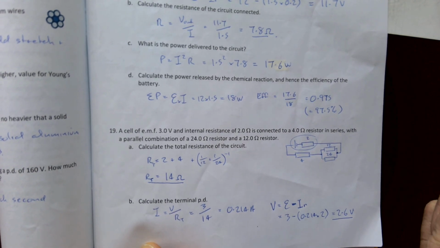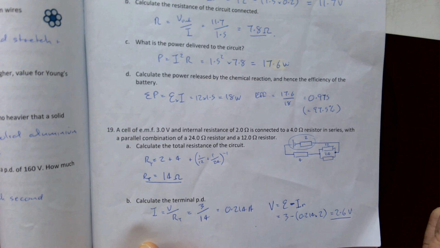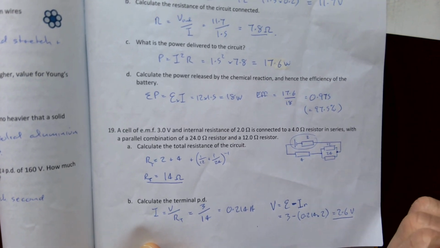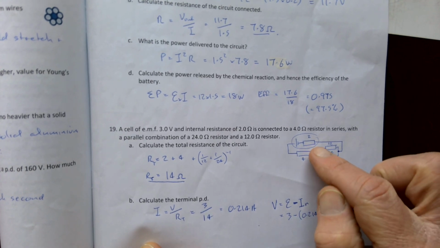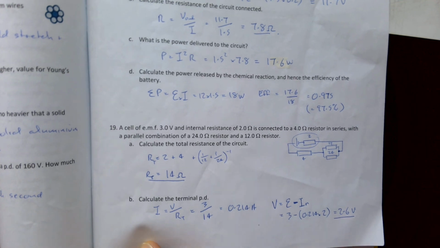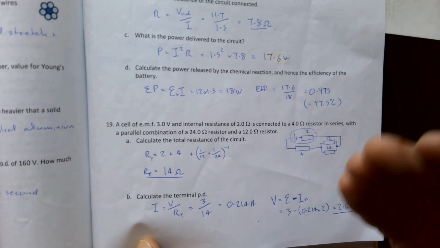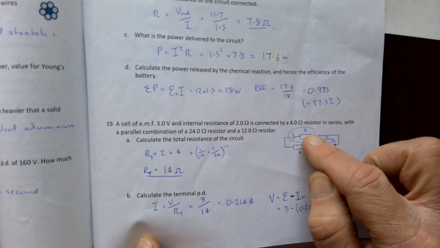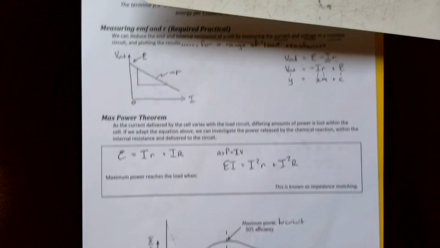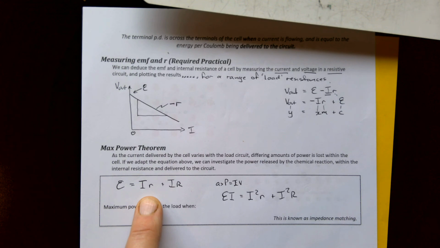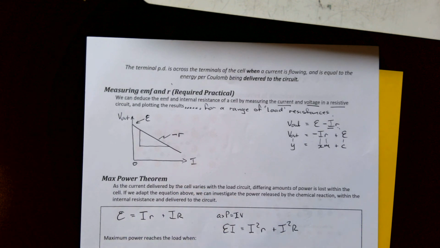Quite common, as you will have spotted already, I'm sure, is where they will start with a circuit and say it has negligible internal resistance. In other words, ignore the internal resistance because it's so small. And then what happens if you have a larger internal resistance? What happens as that gets larger? Well, don't worry too much about the power, just more simply, you've now got more resistance, so you lose some voltage.